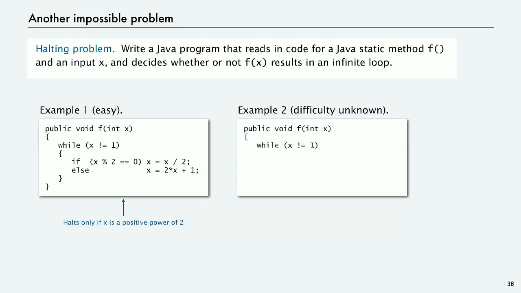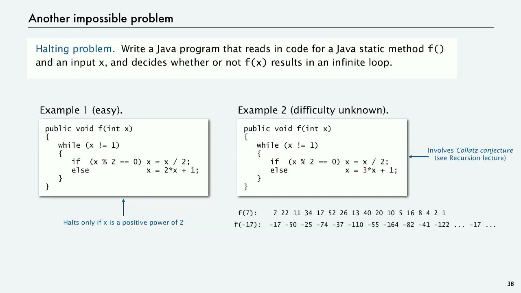And this one doesn't look that much different. It's the same thing, except now instead of multiplying by 2, x equals 2x plus 1, we do x equals 3x plus 1. Well, that's the Collatz conjecture we talked about when we did the recursion lecture. No one even knows whether that one halts or not.